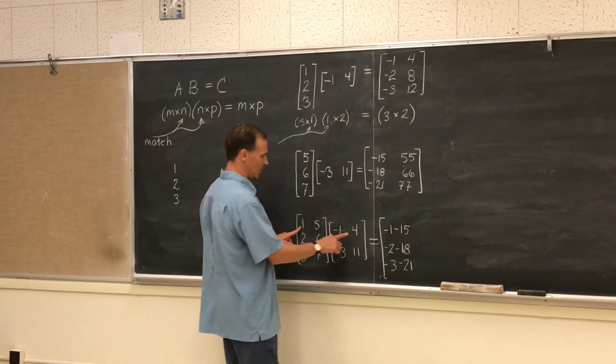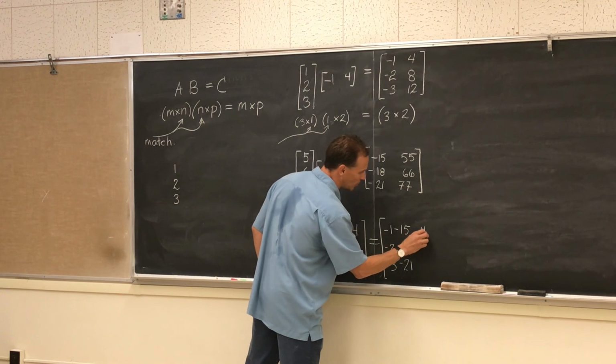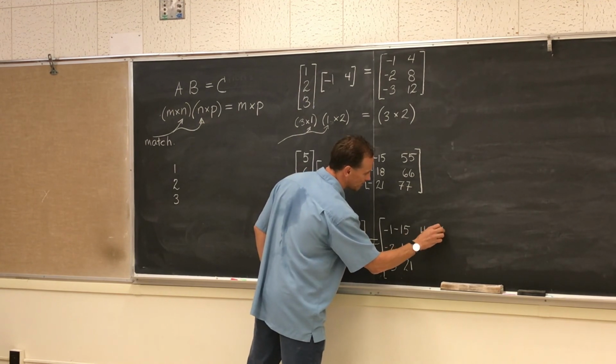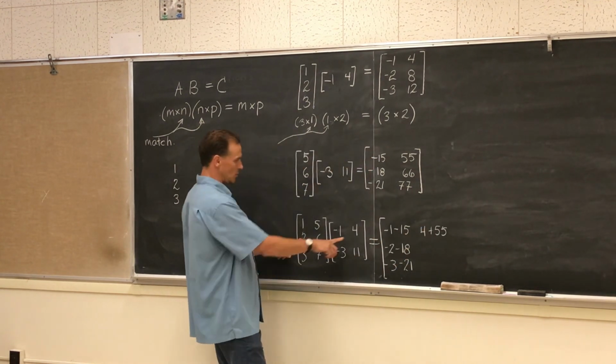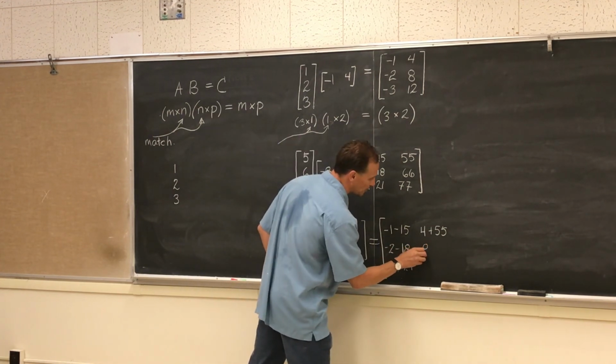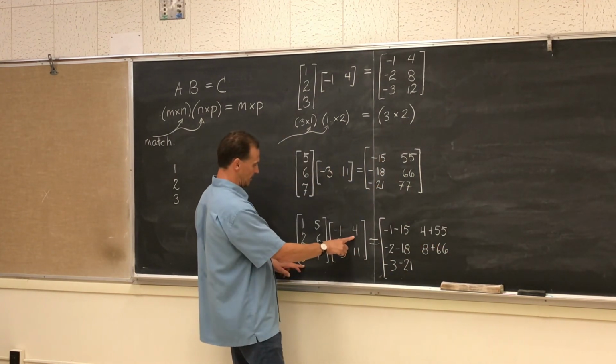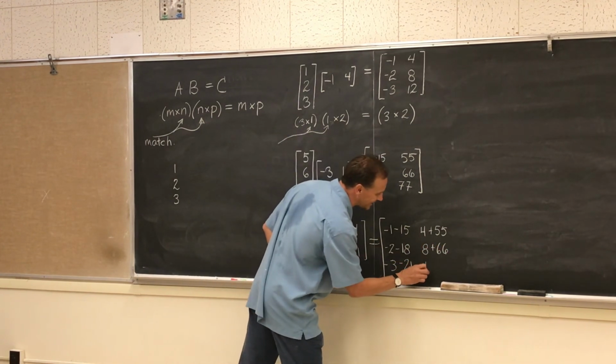So 1 times 4 plus 55. So 4 plus 55. 2 times, that's an 8 plus 66. And finally, I have a 12 plus 77.